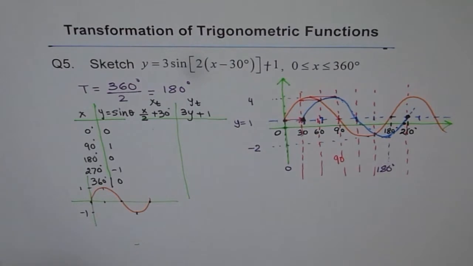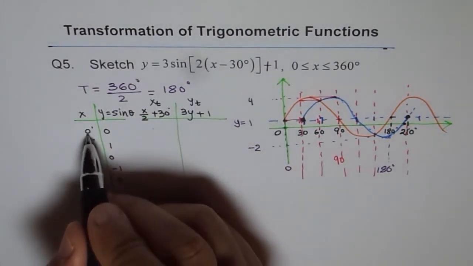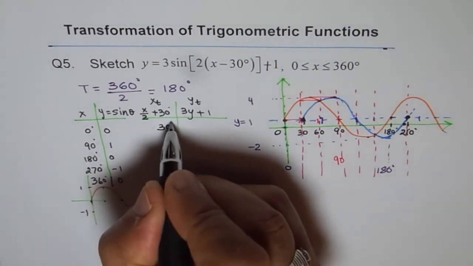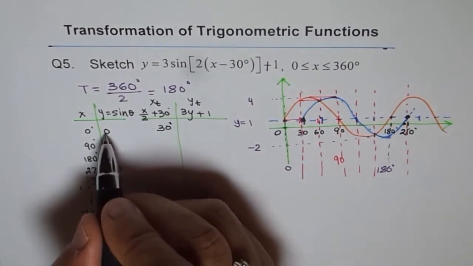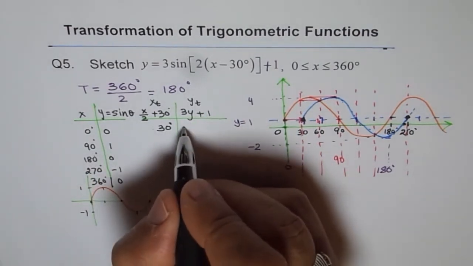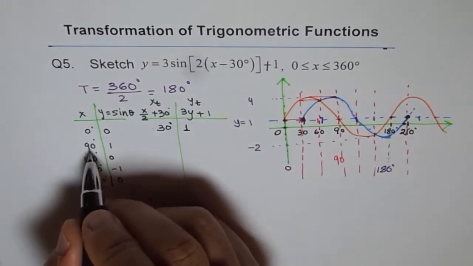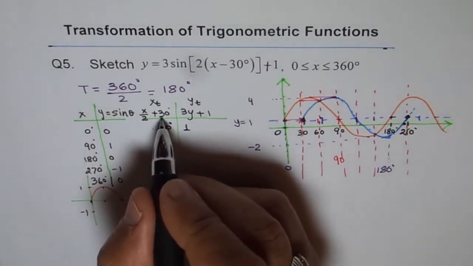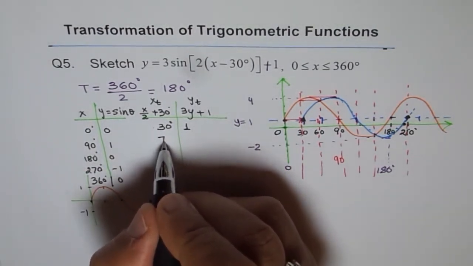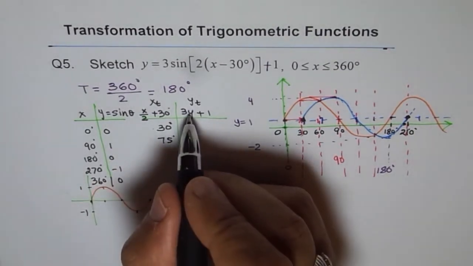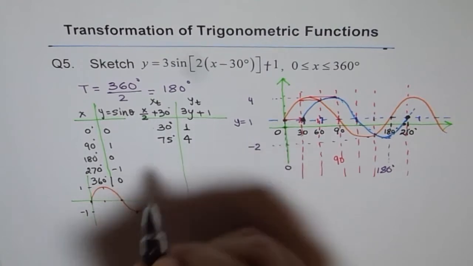So let's do that part. 0 divided by 2 is 0, plus 30 gives me 30 degrees. And the y value will be 0 times 3 is 0, plus 1 gives just 1. For 90 degrees, half of 90 is 45, and 45 plus 30 gives me 75. The y value of 1 times 3 is 3, 3 plus 1 is 4.